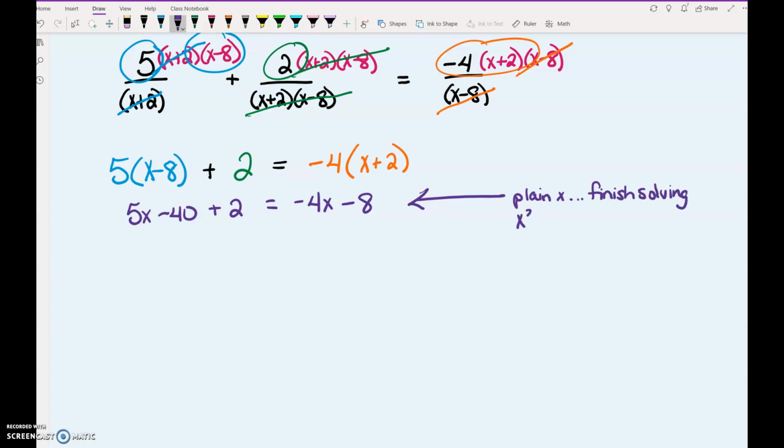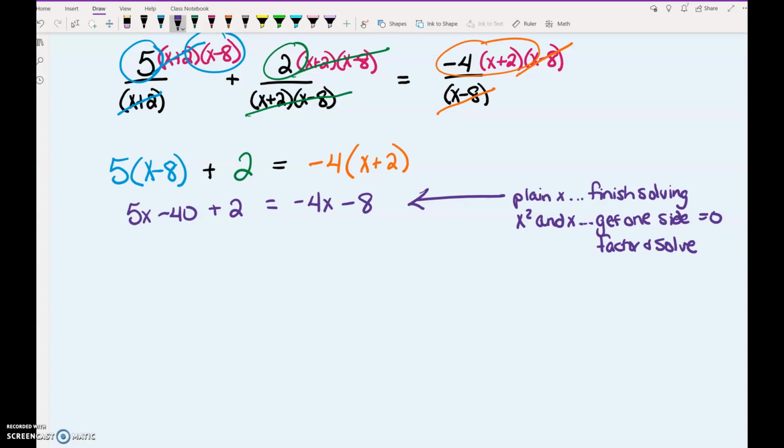If you have x squared and x, you're going to have to get one side equal to 0 and factor and solve. So at this point in the problem, there's some different options. And you're going to have to look at what equation do I have in front of me and what skill do I have to pull out of my toolbox to solve what I have in front of me right now.